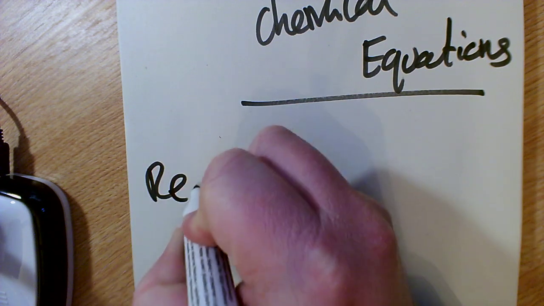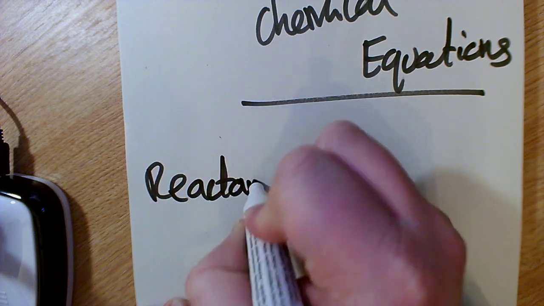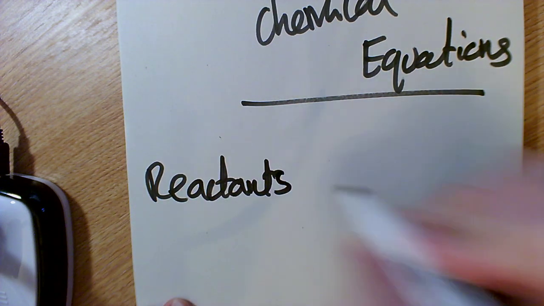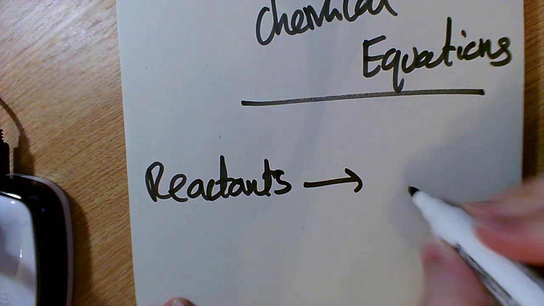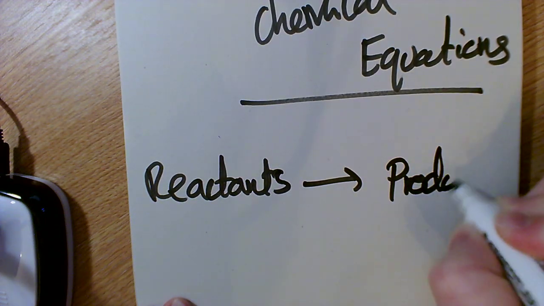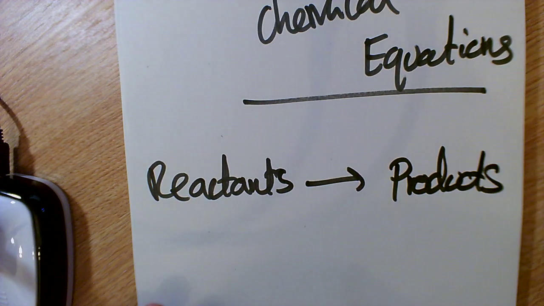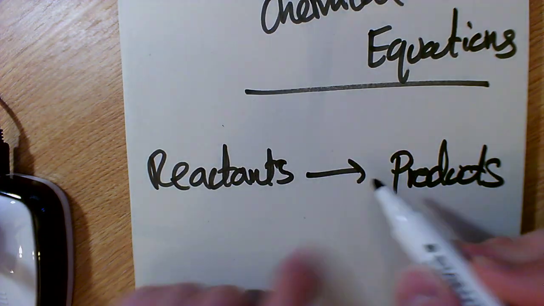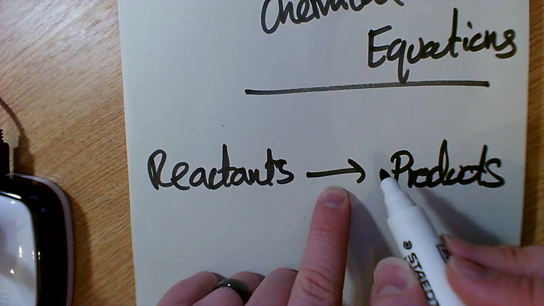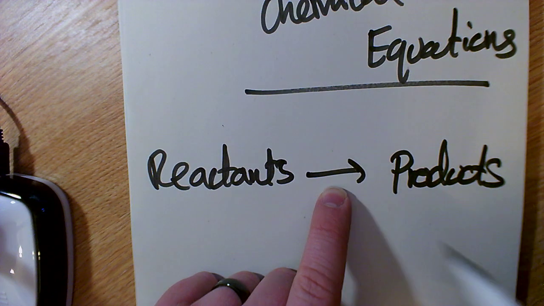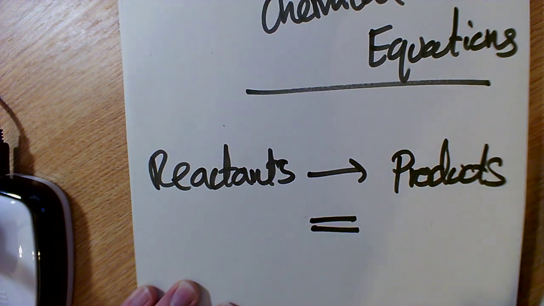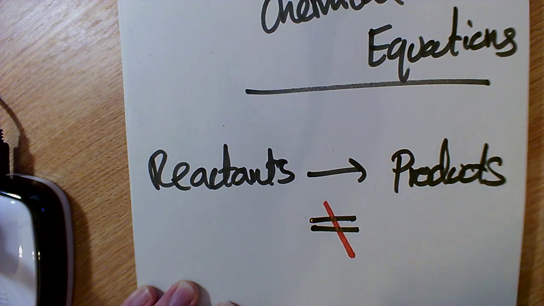On the left of a chemical equation, you have your reactants, and these reactants change into products via a chemical process. We always use an arrow in chemistry to show that a chemical reaction is taking place. We do not use an equals sign.